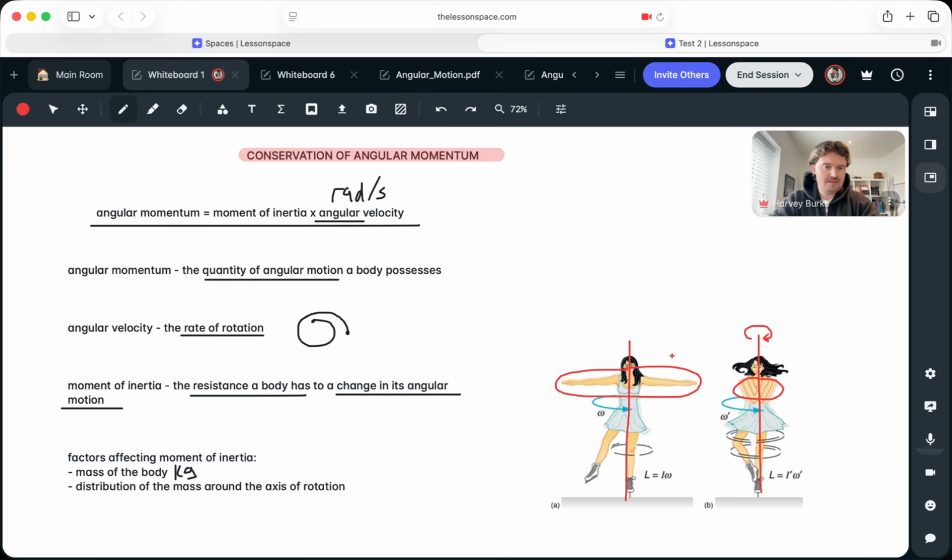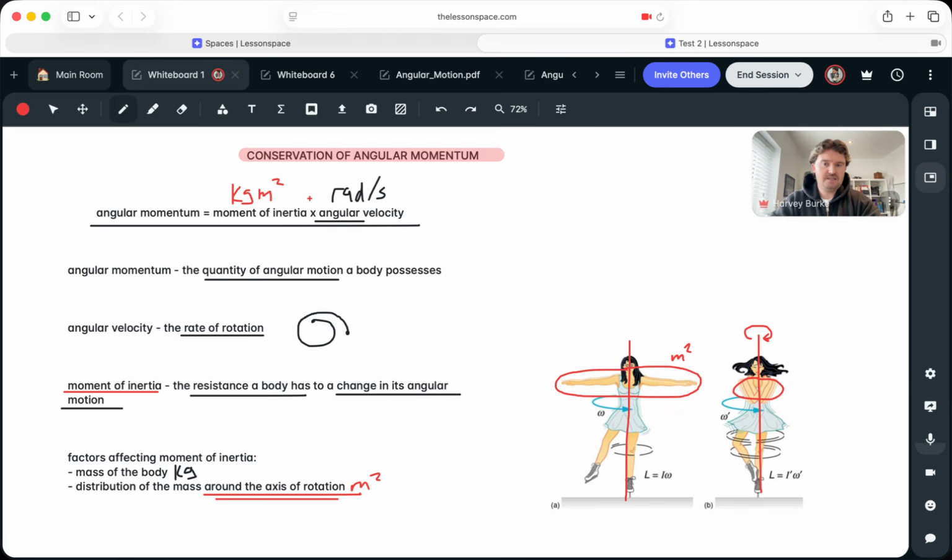And we measure that distribution of the mass around the axis of rotation in meters squared. So overall, because moment of inertia depends on both the mass and the distribution of the mass around the axis of rotation, you'd have to say that bit to get the mark. Because it depends on those two things, moment of inertia is measured in kg meters squared.